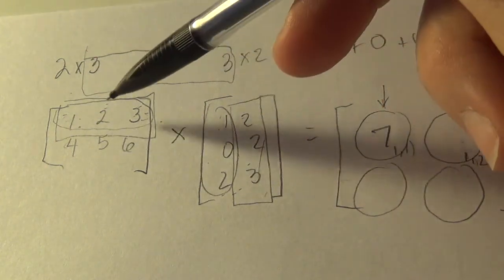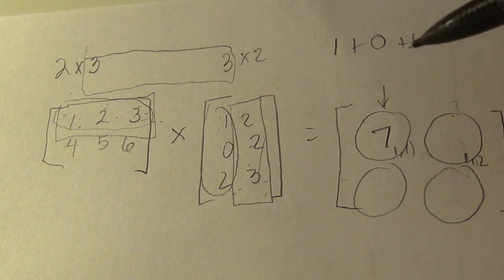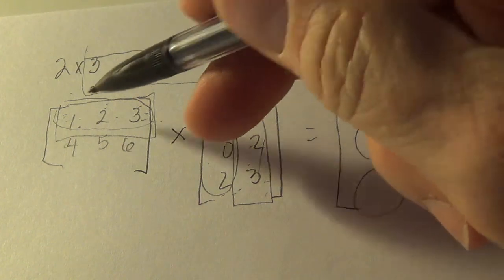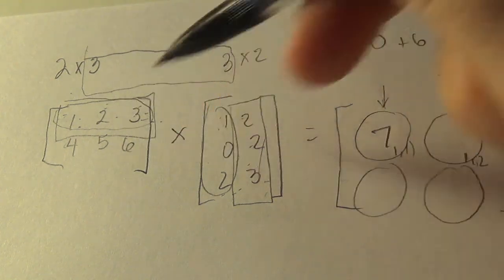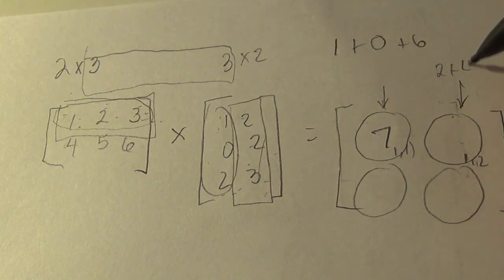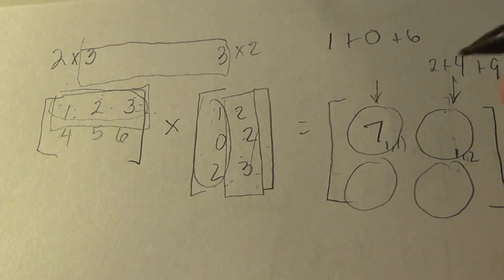This times this plus this times this plus this times this. Do you see that the numbers come out to be 1 times 2 plus 2 times 4 plus 3 times 3. And it comes out to be 15.